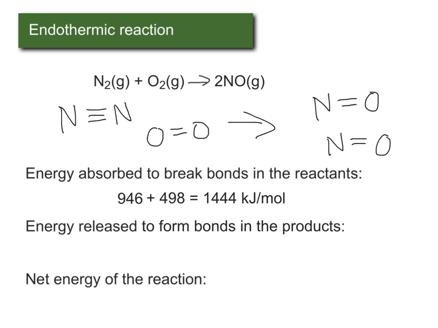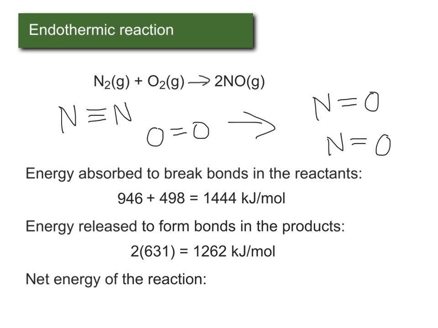Now, if we look at the energy that was released when we reformed new bonds in the products, we have two N-O double bonds. Those are 631 kilojoules apiece, and we have two of those because we have two molecules. And that gives us a total of 1,262 kilojoules per mole.